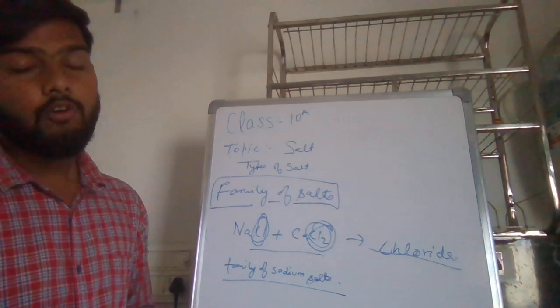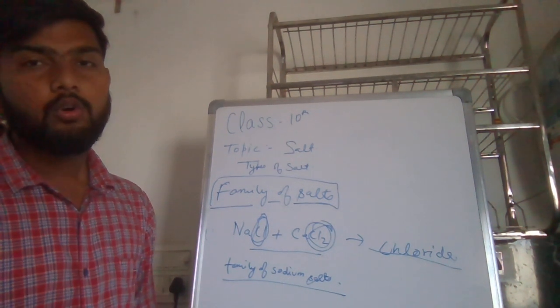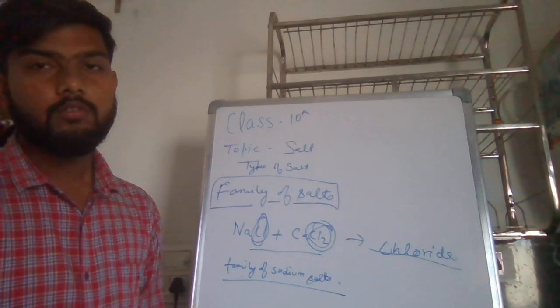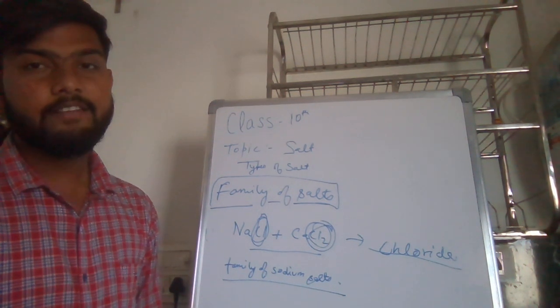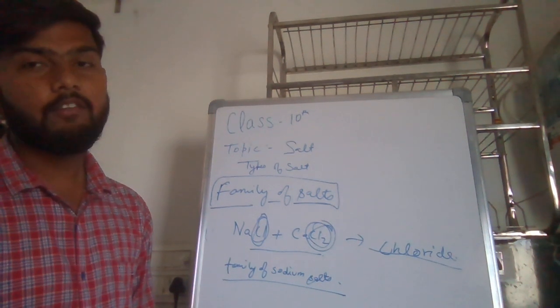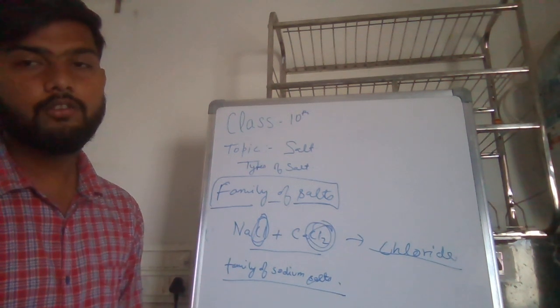I have homework for you. You have to analyze the types of salt formation and search out more examples of kinds of salt, and note them down in the table. I have given you a table also.